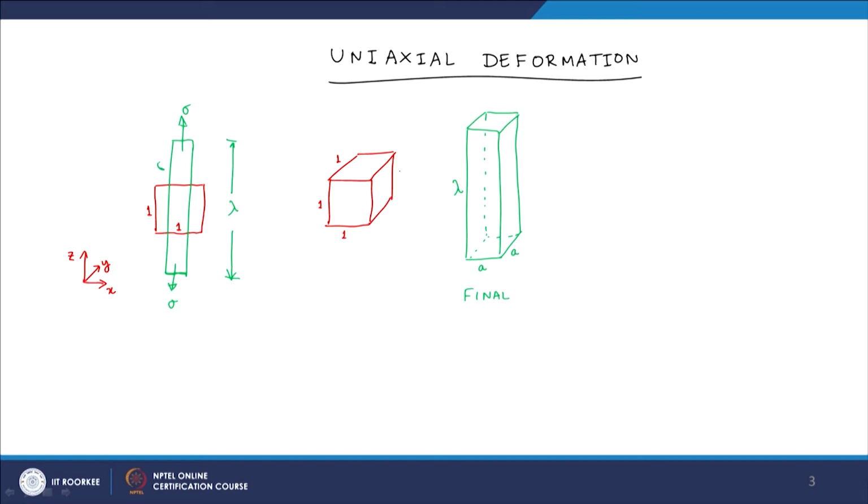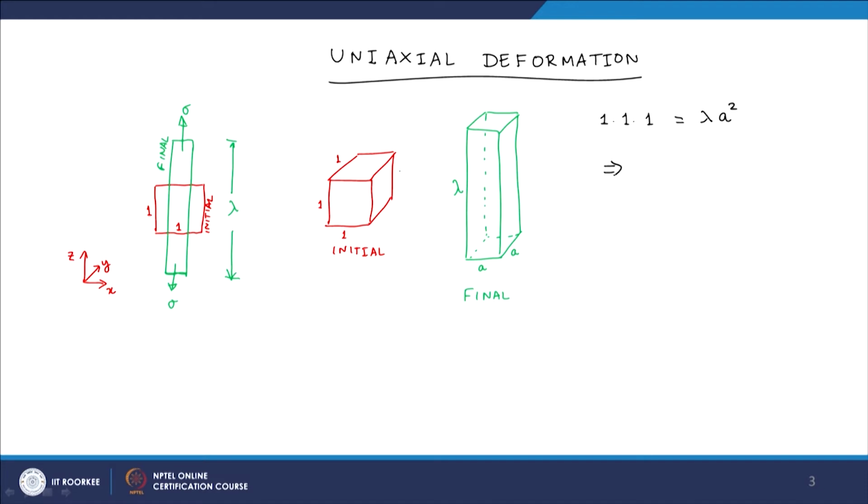This is just a 3D drawing of what I have drawn here, and then this is my initial state, and of course the volume has to be conserved. So, this means that the initial volume, which is simply 1, is equal to lambda multiplied by A square, that is the final volume.